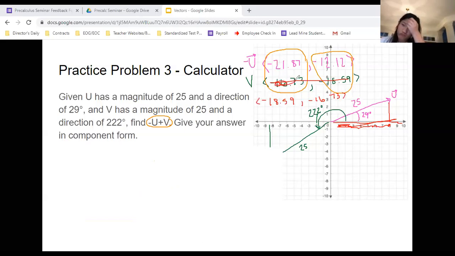All right. Now we'll add our x and y components together. I'm not going to write it out, I'm just going to solve for it.